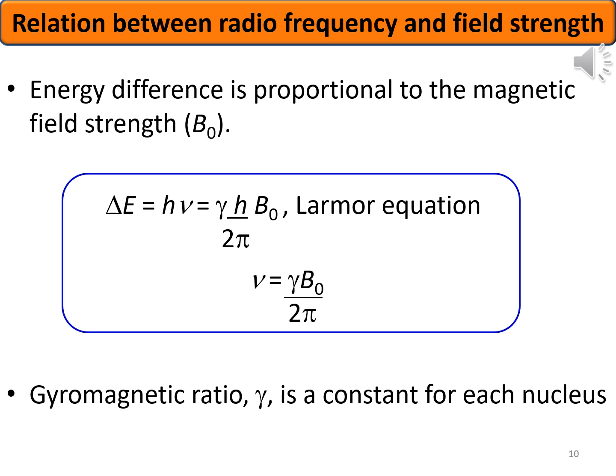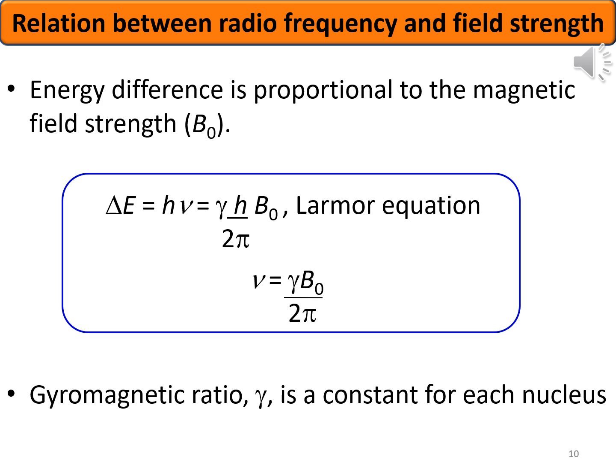There is a mathematical relationship between radio frequency and the magnetic field strength. The energy difference between the lower energy state and the higher energy state of the nuclei is proportional to the applied magnetic field strength.